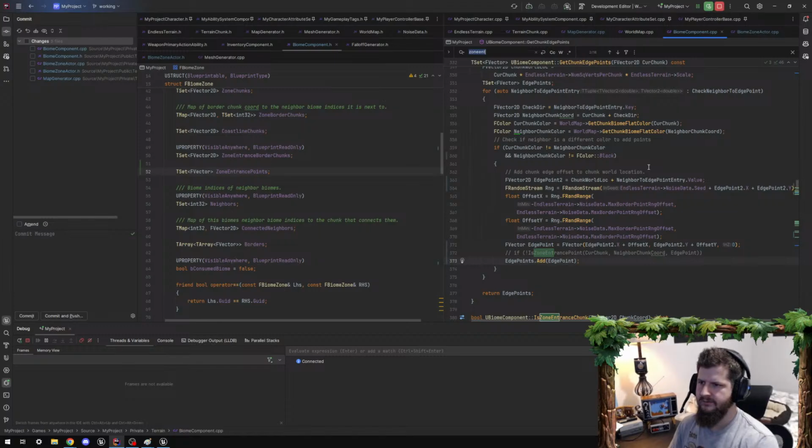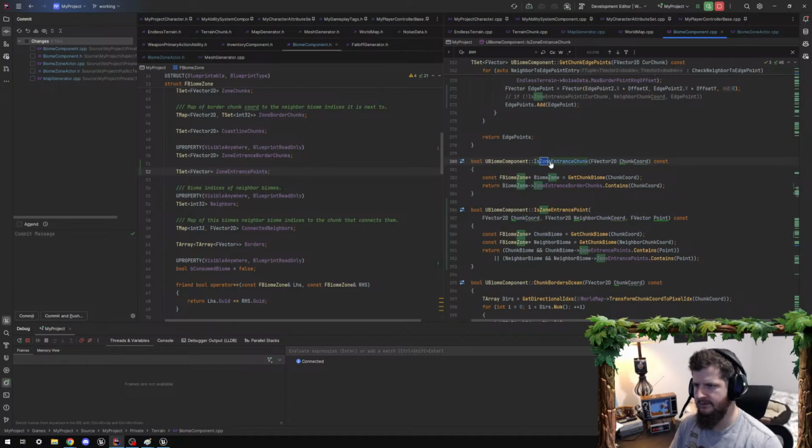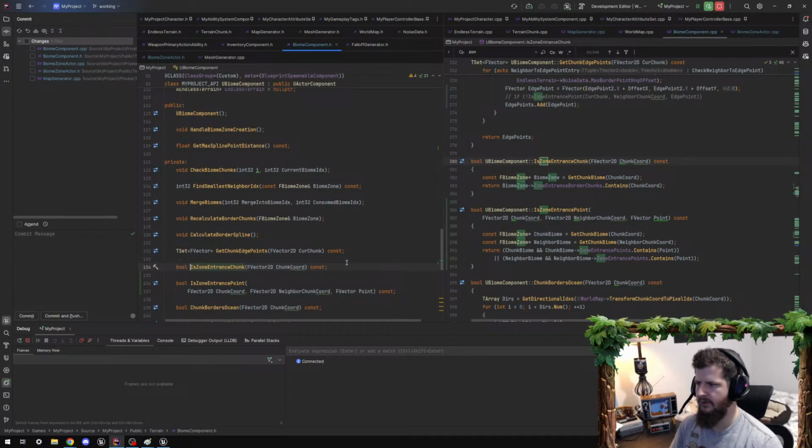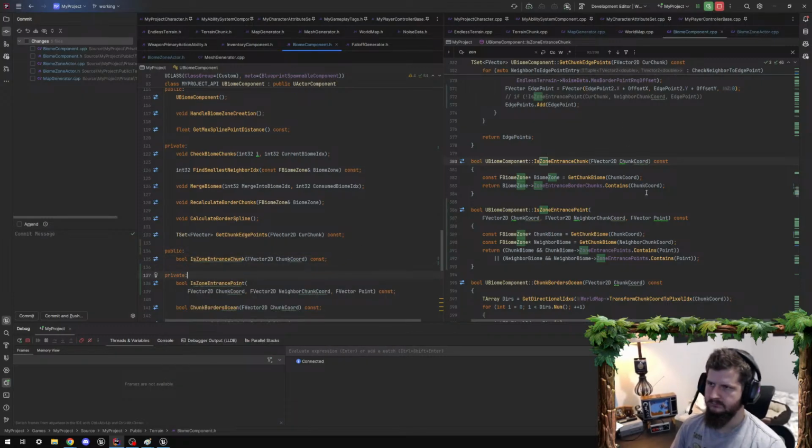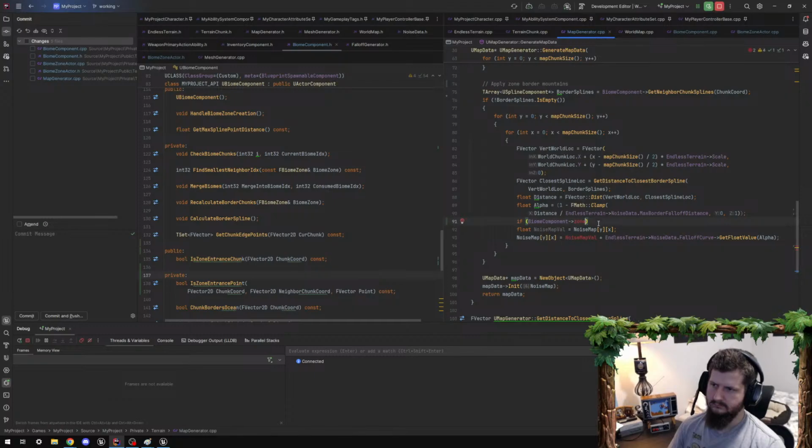Where is the zone? Is zone entrance chunk? Okay, it's private. We need to make that public. Is zone entrance chunk, chunk coordinate? Yes.